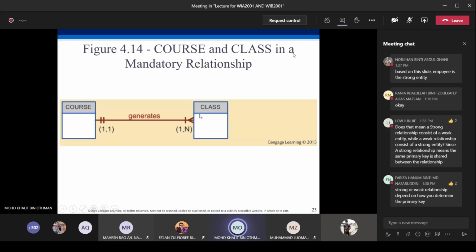Therefore, the class entity is considered to be mandatory to the course entity. A course must generate one or many classes. One class is generated by one course. So this is an example of a mandatory relationship, because clearly, based on the Crowfoot model, we can see whether the relationship is mandatory or optional.